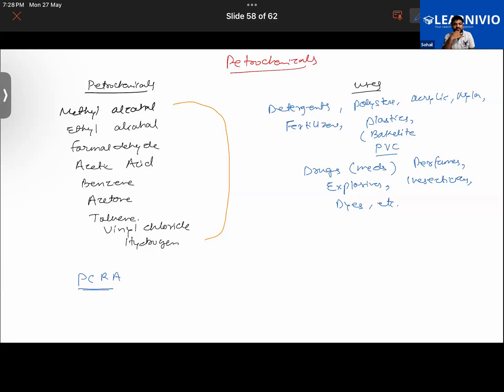In India, there is an association called the Petroleum Conservation Research Association. So PCRA advises people on how to save petrol and diesel while driving their vehicles.